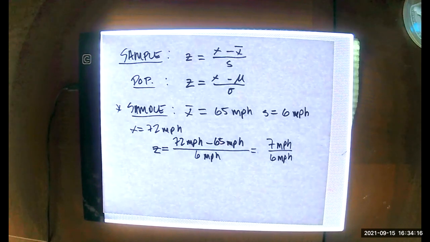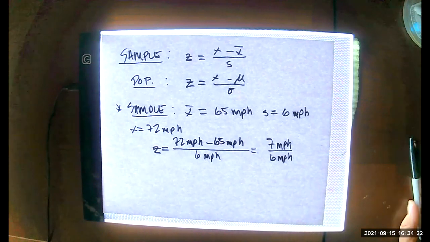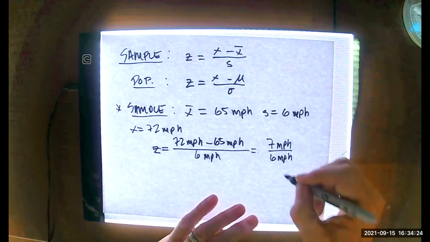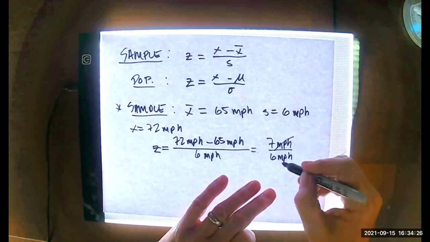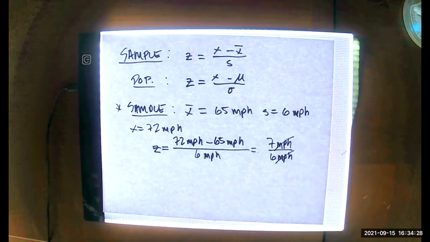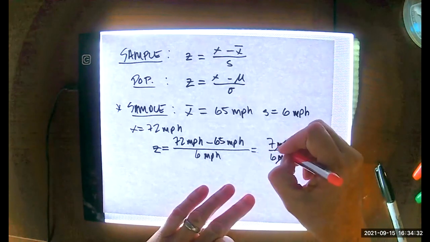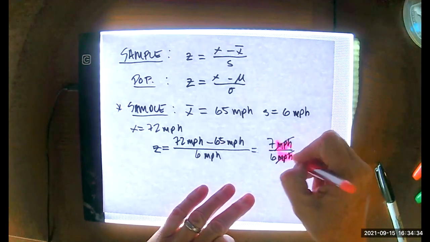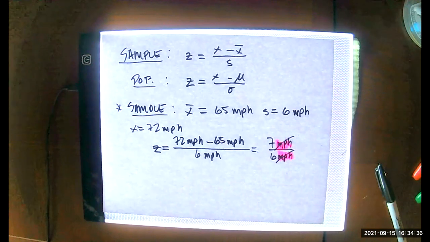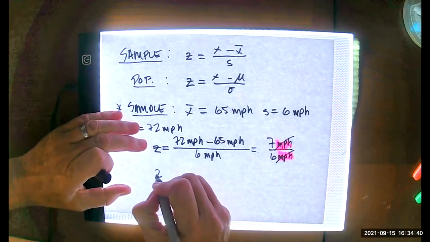And before I reach for Mr. Calculator, I want to stop here and note that because we have miles per hour on the top and miles per hour on the bottom in a simple fraction, they cancel just like common factors. So these are gone. So there are no units in my Z value.